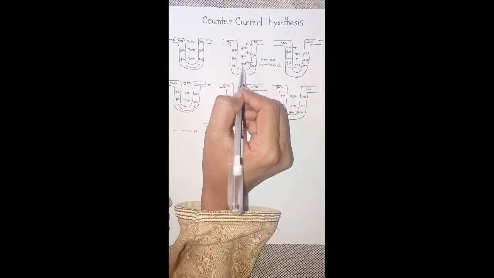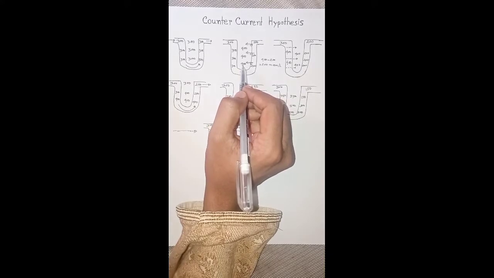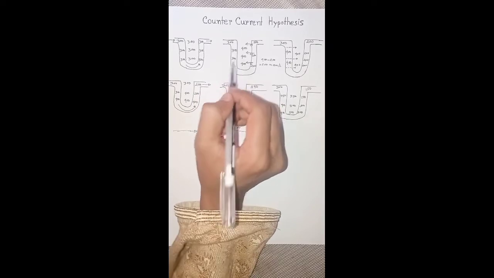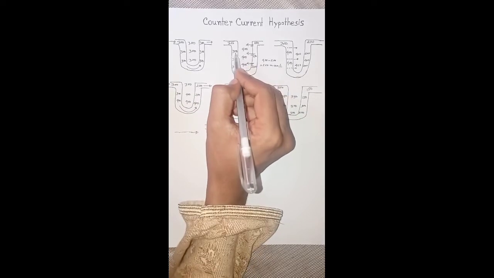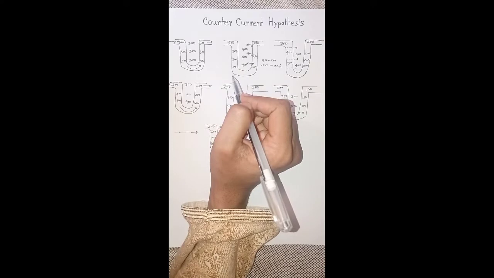here we see that the osmotic concentration in the medullary interstitium is 400 milliosmol per liter, but in the descending loop of Henle the concentration is 300 milliosmol per liter. So there is also an osmotic gradient, and this is 100 milliosmol per liter.